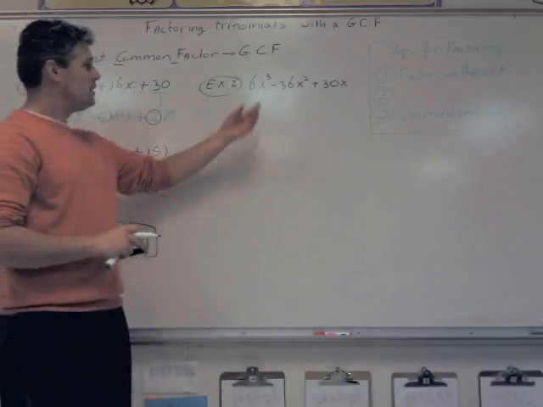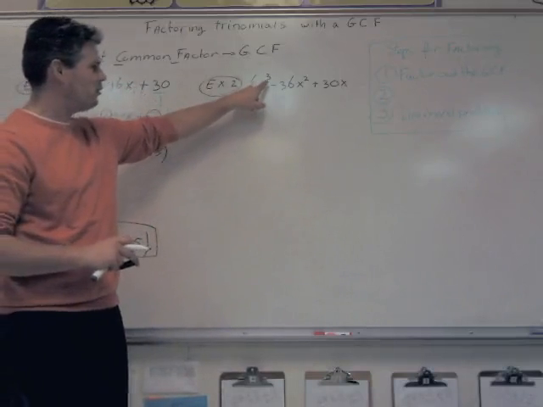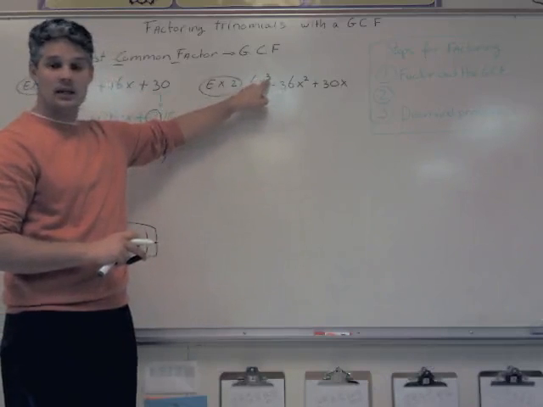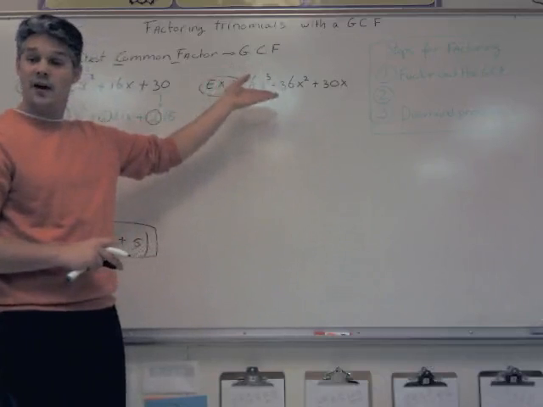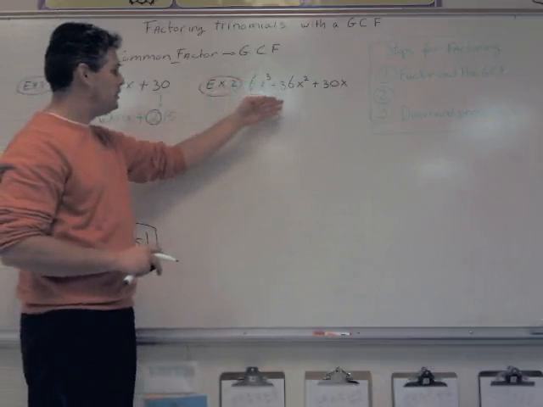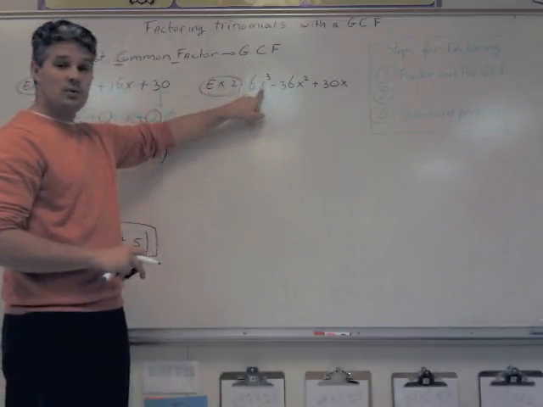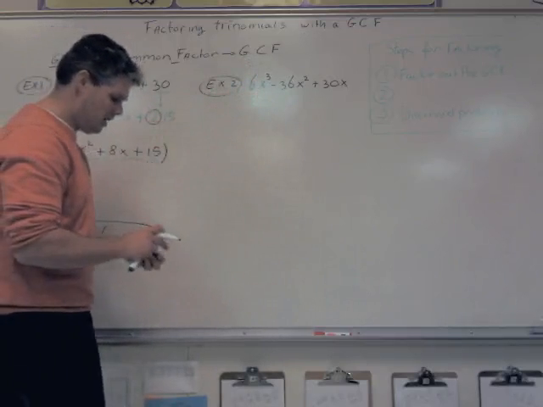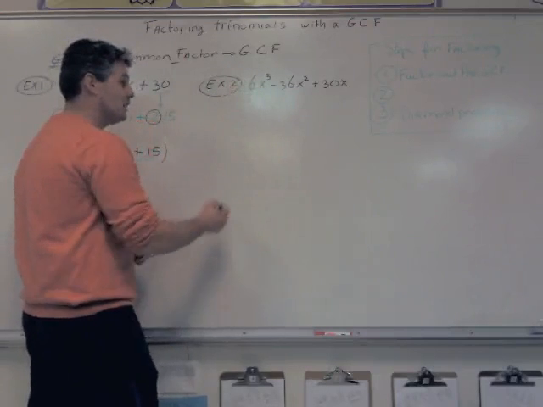Over here you also see there's a coefficient of 6 in front of the x cubed. Wait a second, we didn't have x cubed before, so if we want to factor using the diamond problem that we've been taught, the 6 needs to be factored out, but this needs to be an x squared. So let's see if we can factor out the 6 and we can factor out an x.